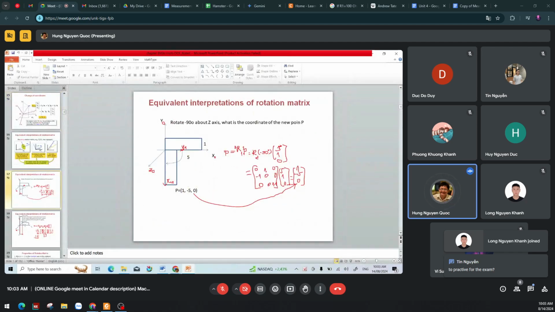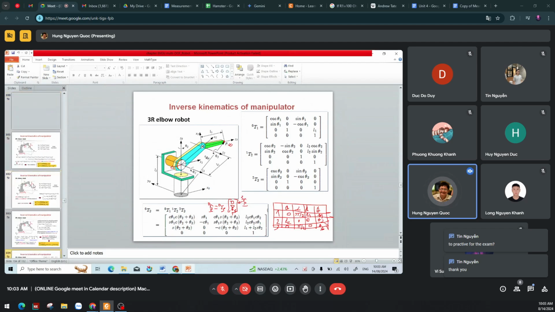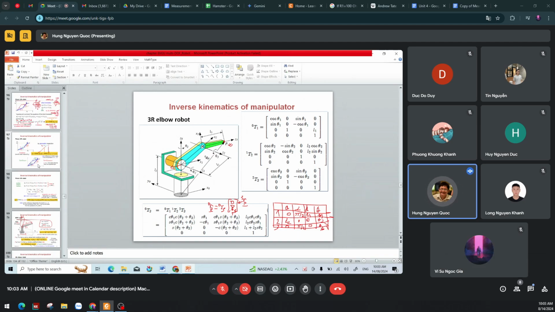Okay, thank you. So let's start with the DH frames and DH parameters for the robot modeling. I will give you some examples.